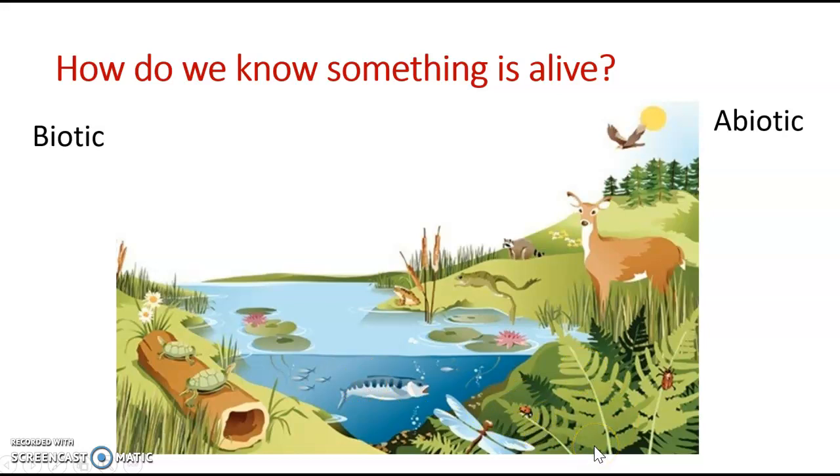Some examples of abiotic or non-living but physical things would be the water, the soil that we're going to see underneath the plants. Those are examples of physical things that exist in the environment but are not classified necessarily as alive. So those are abiotic.